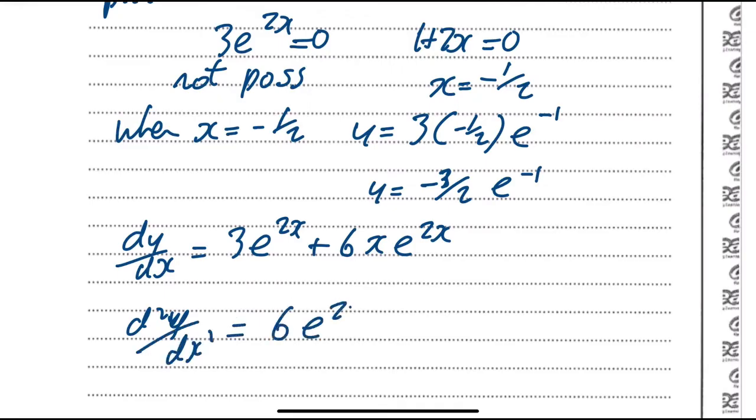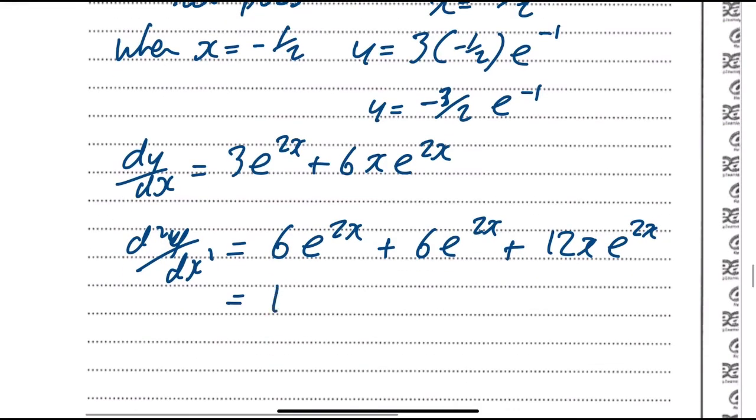So that's going to be 6e to the 2x. This is a product again, so that's going to be just 6e to the 2x, and then differentiate the e to the 2x, you're going to have 2e to the 2x, so that's now going to become 12x e to the 2x. So overall what we've got is 12e to the 2x plus 12x e to the 2x.